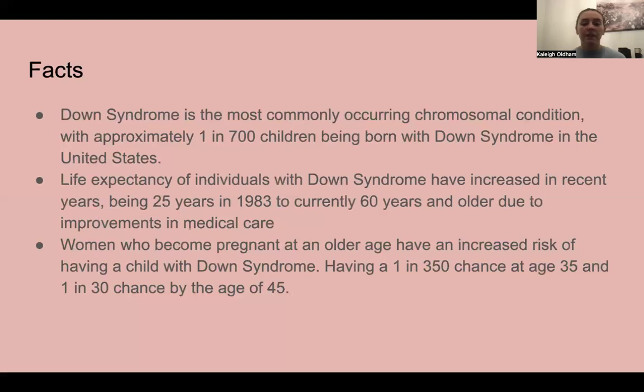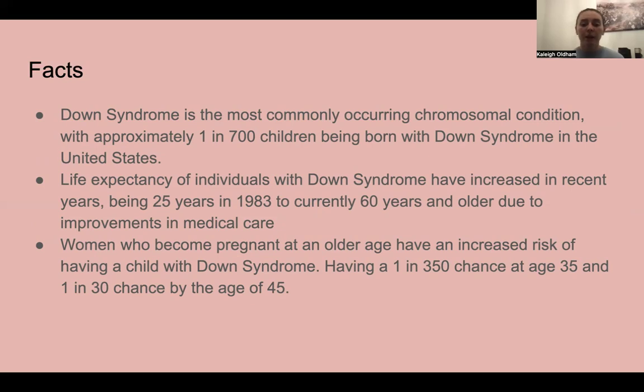Life expectancy of individuals with Down syndrome has increased in recent years, from 25 years in 1983 to currently 60 years and older due to improvements in medical care, which I thought was just an amazing fact that I saw, because it's kind of crazy to think that people with this condition typically only lived to be 25 years old, not that long ago. Like that was not that long ago. And now it's up to 60 and older. So hopefully as medical care continues to improve, so will the life expectancy for these individuals.